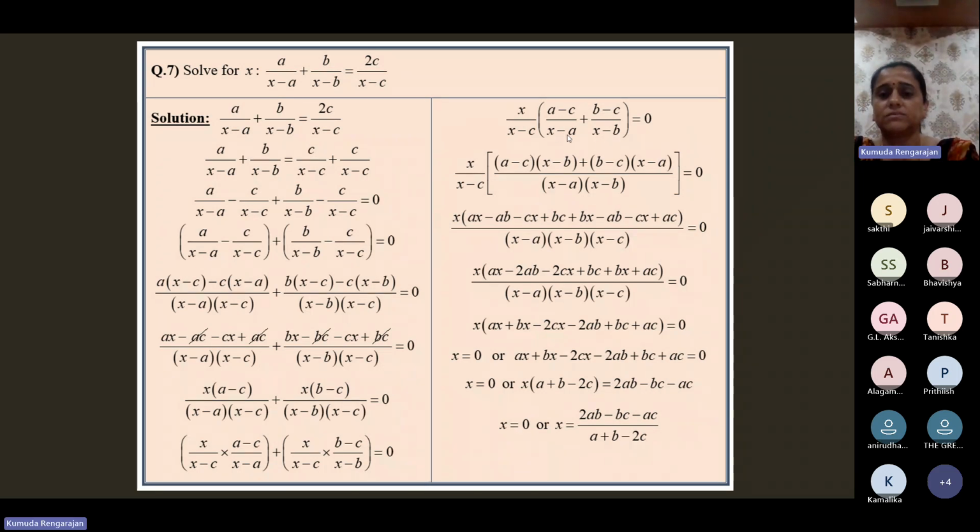Now again LCM. The product of the denominators is the LCM. So this into this, this into this. This one, a minus c into x minus b, and b minus c into x minus a.